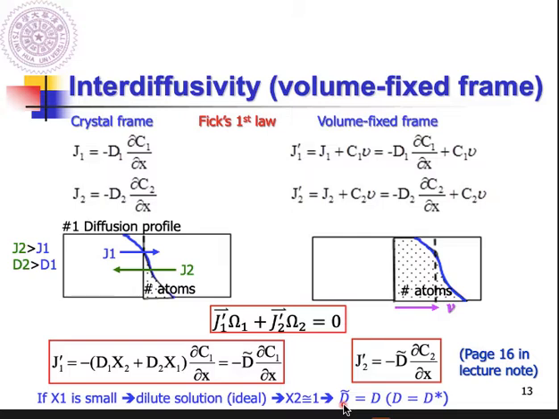That means this AB diffusion couple, or this diffusion of AB or 1 and 2, this kind of interdiffusion, belongs to either an ideal solution or a dilute solution.